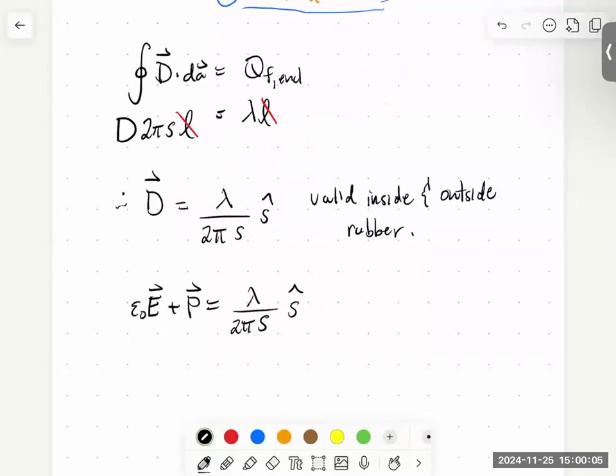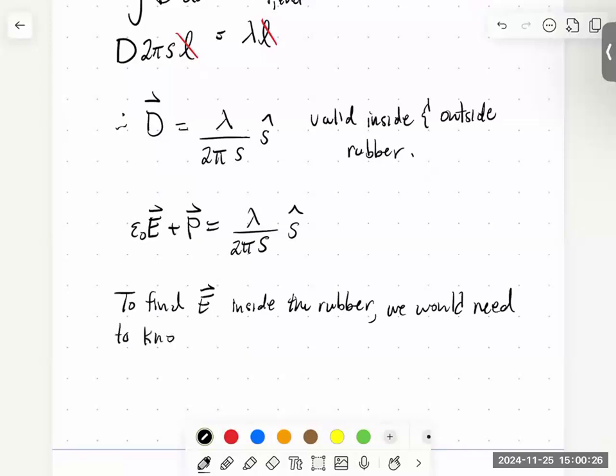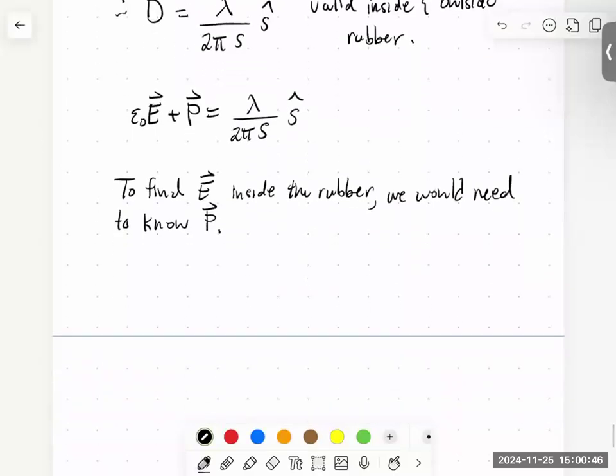If I wanted to ask about the electric field inside the rubber, to find E inside the rubber, we would need to know P. On Wednesday, we'll talk about linear dielectrics, in which the polarization is proportional to the electric field. And then in that case, we can make some progress. But until then, someone would have to tell us the polarization in order to go further.